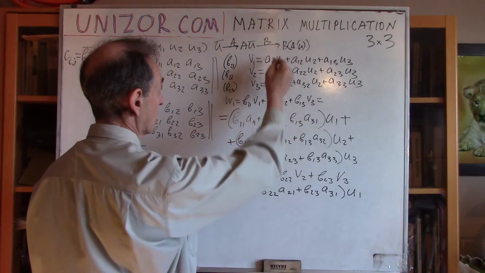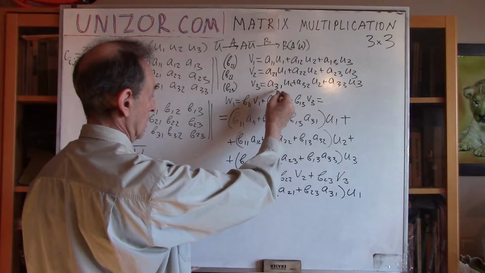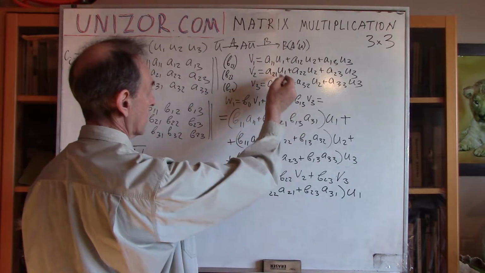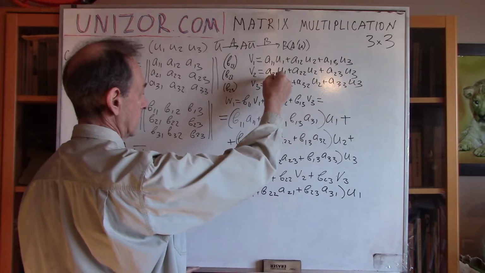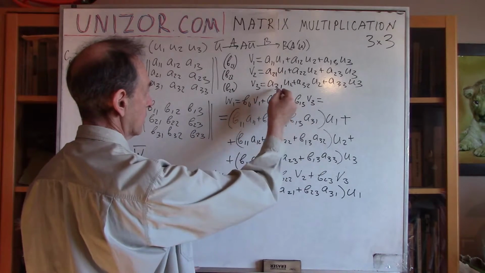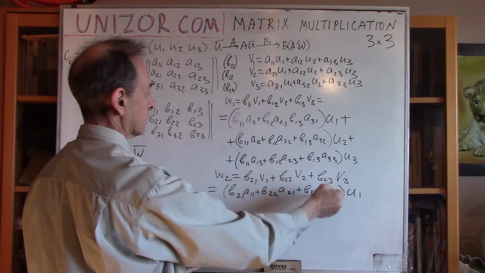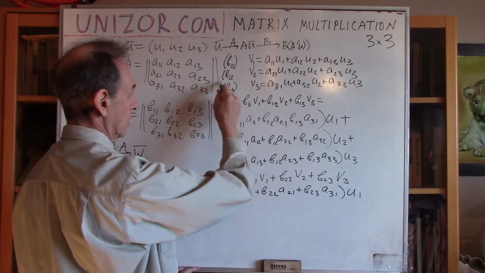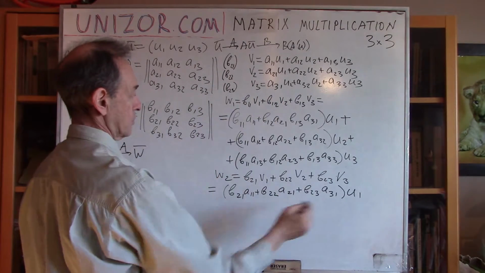From V1 we get this one, from V2 we get this one, and from V3 we get this one. So A11, A21 and A31, they should be multiplied by B21, B22 and B23.